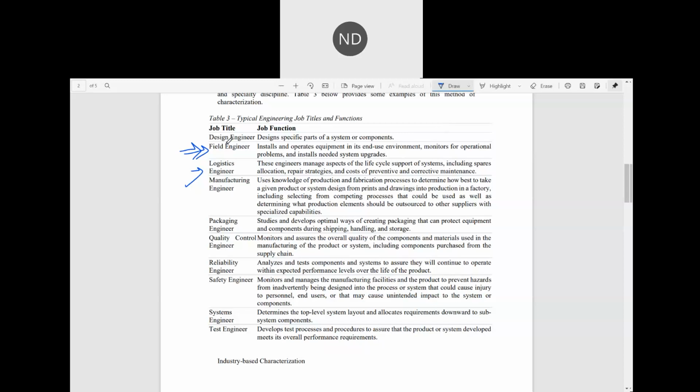Suppose you are doing excavation on the same site, where you are constructing another flat on the same plot. So you need to do the excavation.